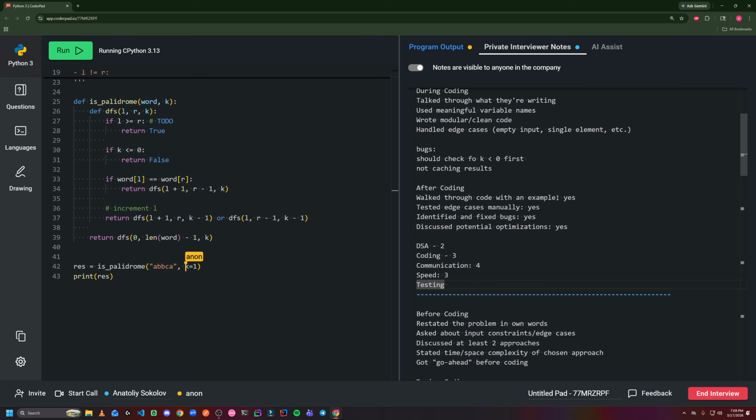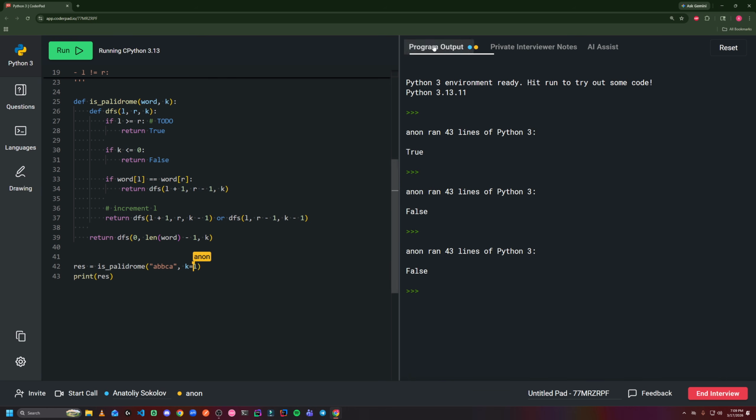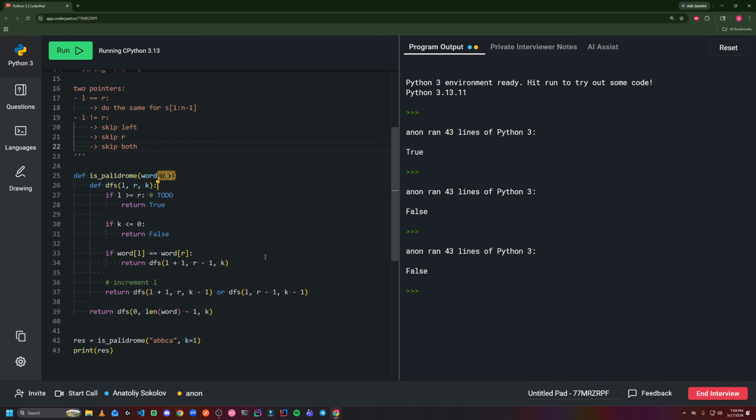And that one's not correct. Okay, I have a bug somewhere because it should be able to catch that this works.